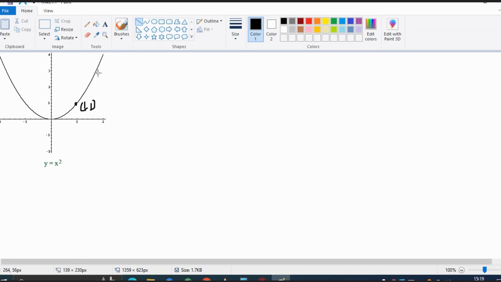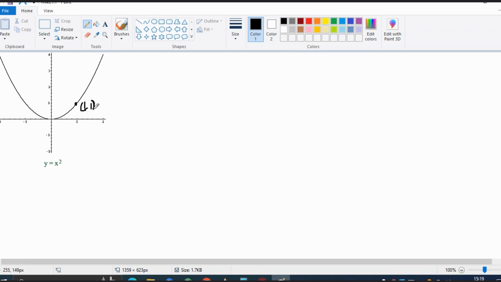But we are interested in the instantaneous rate of change of y with respect to x. That is the slope of the tangent to this point. How do we calculate that?